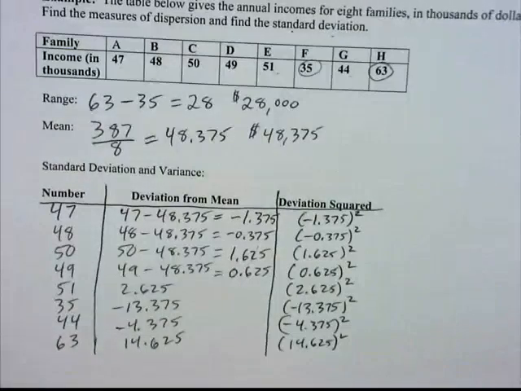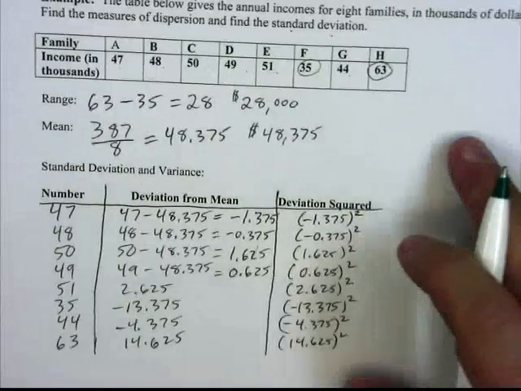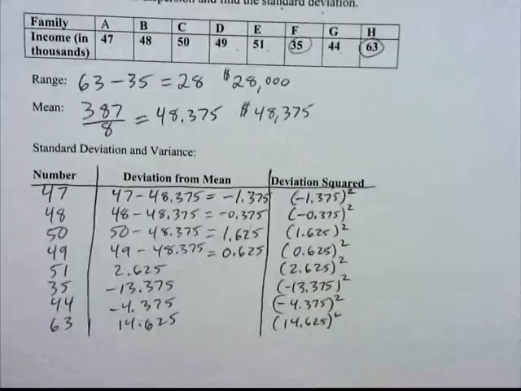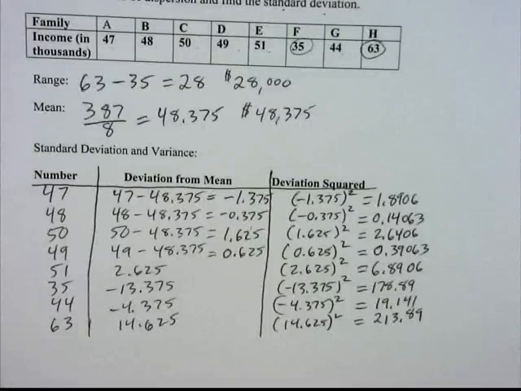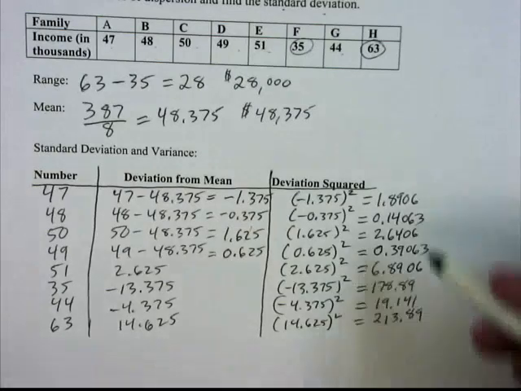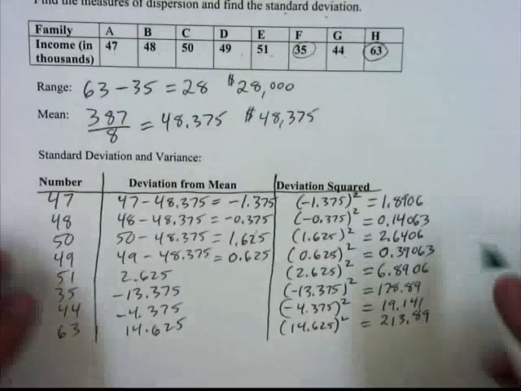Alrighty, and when I square those, let's see, I'm just going to write down my numbers. Let me go ahead and hit pause, and I'll write down all my numbers, and then we'll come back. So here's what I got after I squared them, and I rounded these off a little bit.